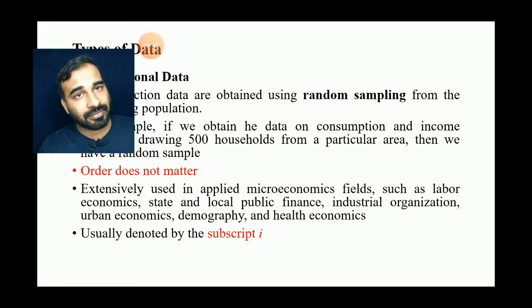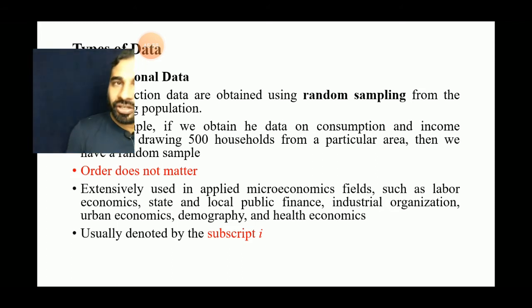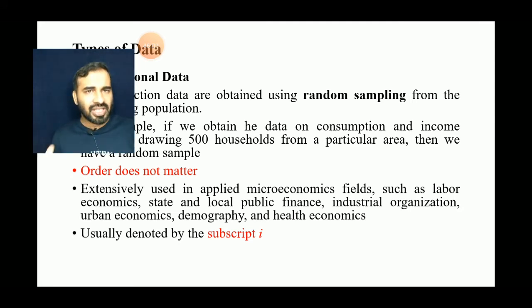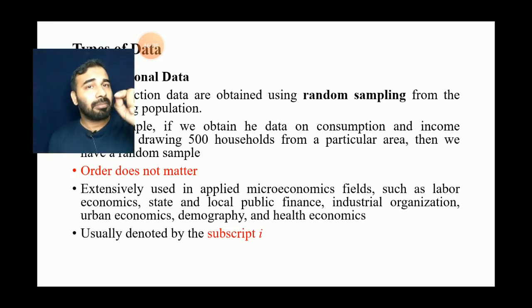Order doesn't matter. Then this kind of data is extensively used, especially in applied microeconomic fields such as labor economics, state and local public finance, industrial organization, urban economics, demography, and health economics. So we regularly use cross-section data in applied microeconomic fields. Clear? Yes.